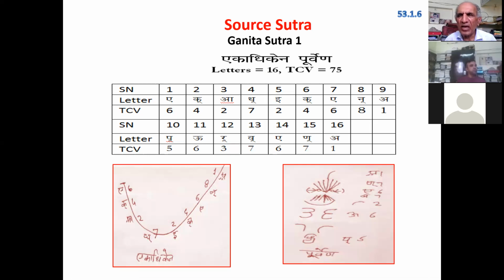In fact, the whole elaboration, whole understanding, whole study here is ultimately going to be the study of this depiction of the transcendental code values of the formulation Ekadhikain and Purvain, as these values are going to be the manifested, formatted structural keys of the mathematical domains of Ganita Sutra 1 to Ganita Sutra 16.